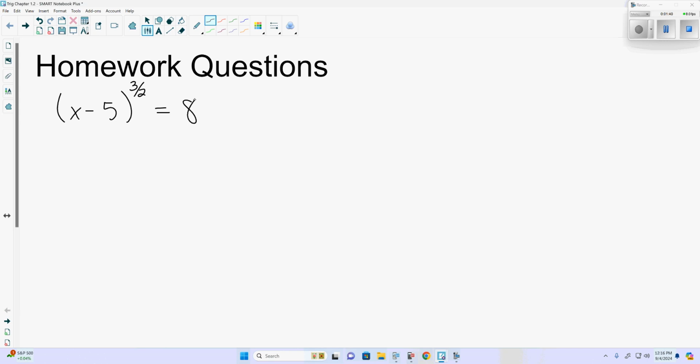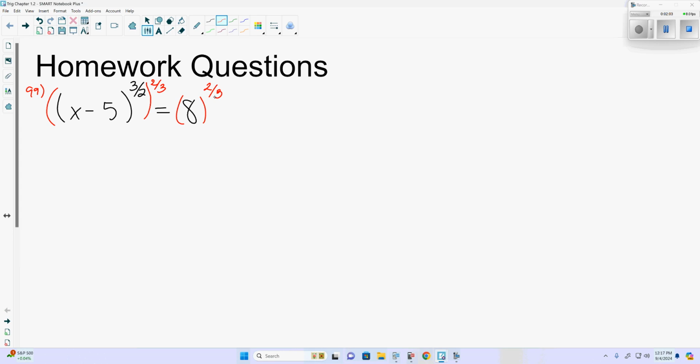One of them that's a little bit nicer is problem number 99, because the way we did this in class is that we rewrote our 3/2 exponent as the square root of x minus 5 cubed. So we rewrote that back out.